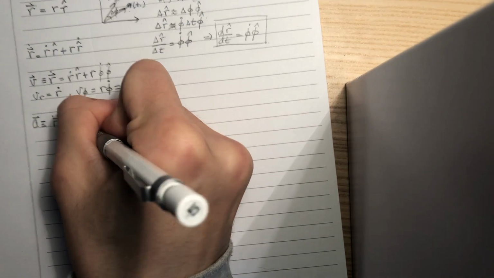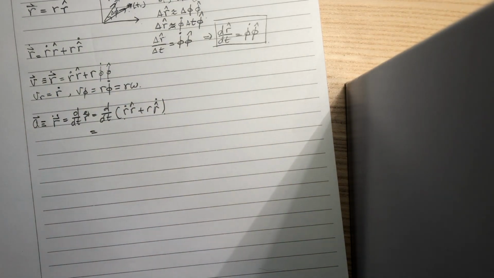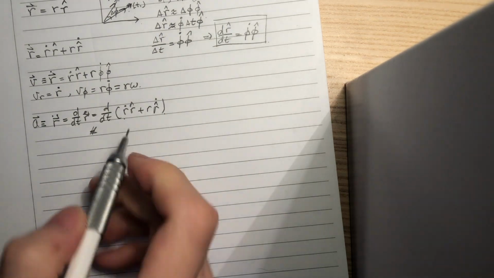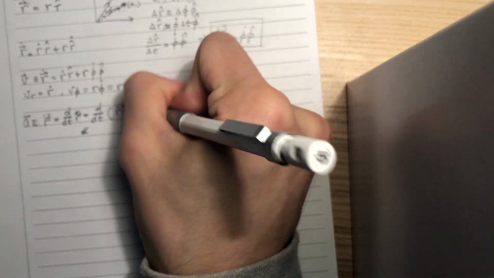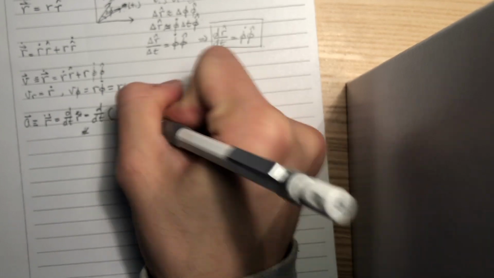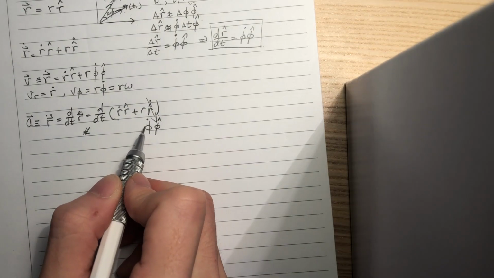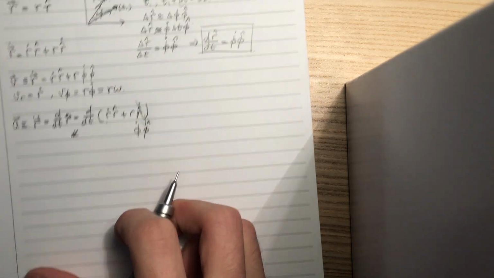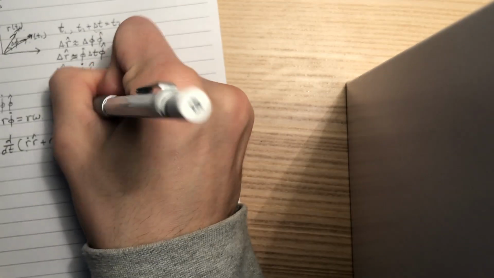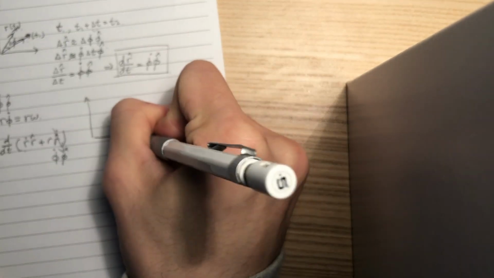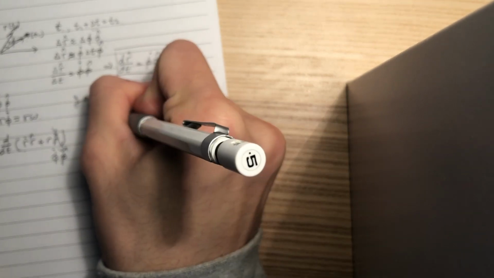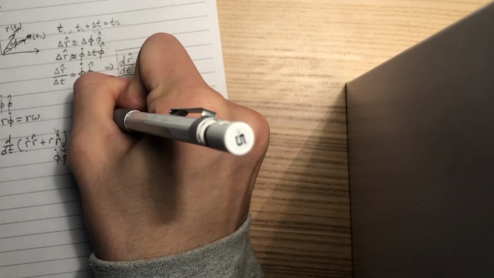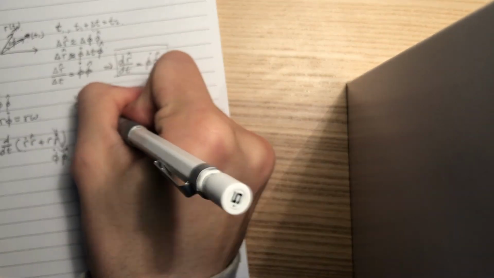Now we have to do another product rule, but before that, because this thing equals phi dot phi hat, we're going to take a derivative of phi hat, so we have to figure out what phi hat does. So we're going to look at the graph again. We have x and y here. We have my first position, second position, and this is my delta phi. Now, my phi hat at different positions are just perpendicular to this.